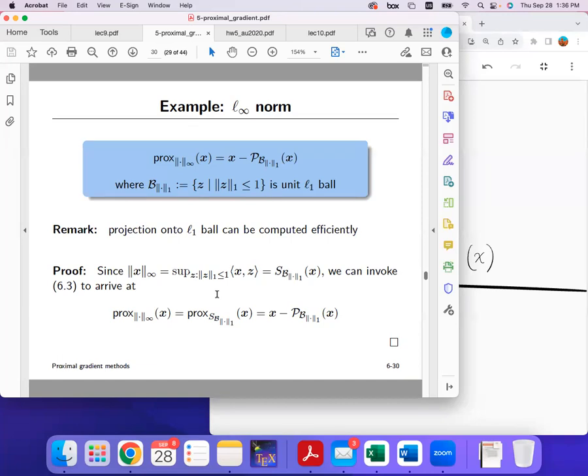So you can check the maximum entry, the entry with the maximum magnitude, that is the L infinity norm. It is defined to be the supremum of this inner product, where the supremum is taken over all the z's with L1 norm less than 1.